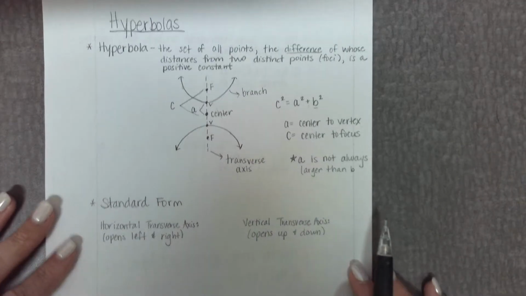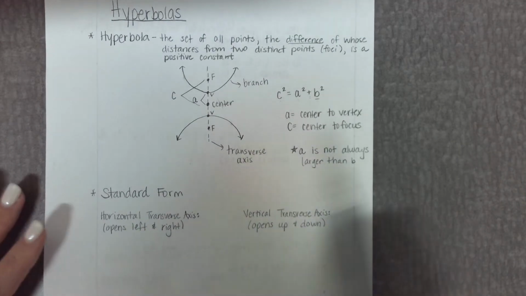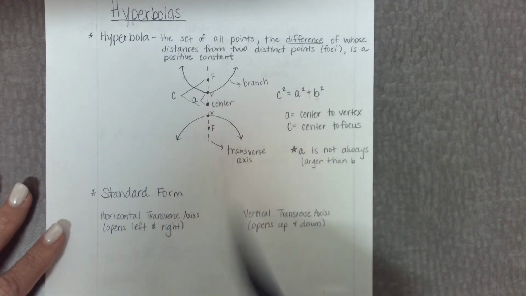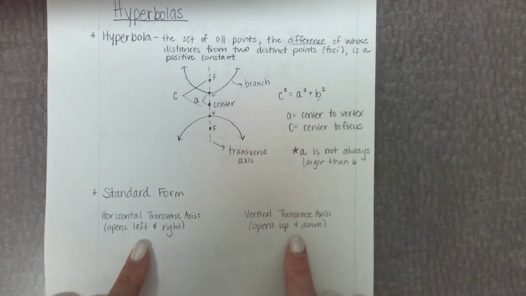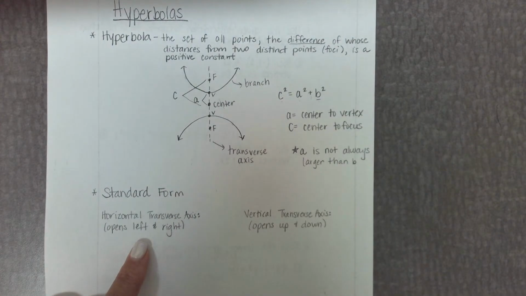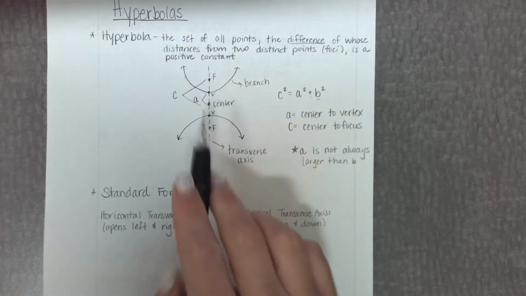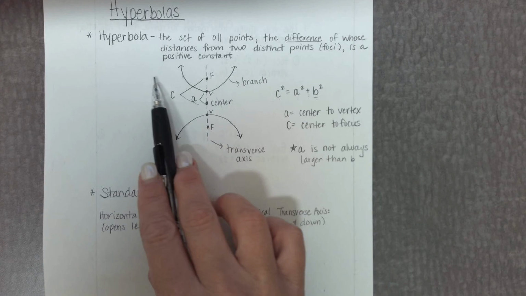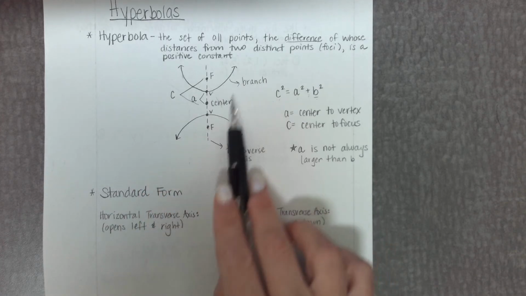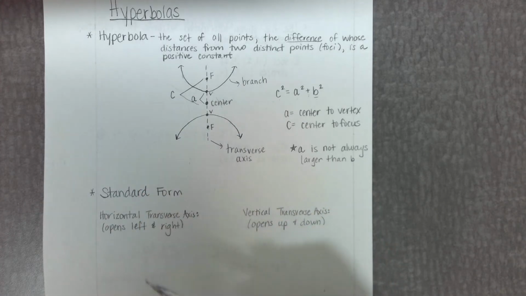Okay, so let's talk about the standard form equations. Since a hyperbola can open up and down or left and right, there are two standard form equations based on which way the transverse axis falls. If the transverse axis is horizontal, which is not like this one, horizontal would mean the transverse axis runs this way, which means your branches would open left and right.